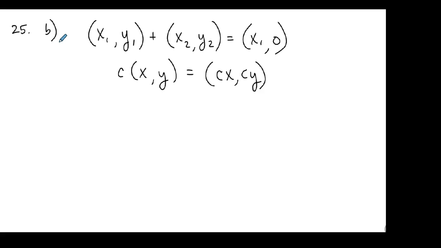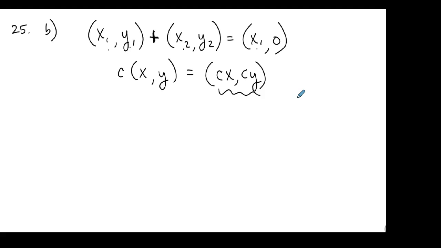So we're looking at Part B, and Part B says that the operation of addition between these two ordered pairs is always going to be the first number of the first ordered pair, comma 0. And scalar multiplication, c times x comma y, is our traditional scalar multiplication.